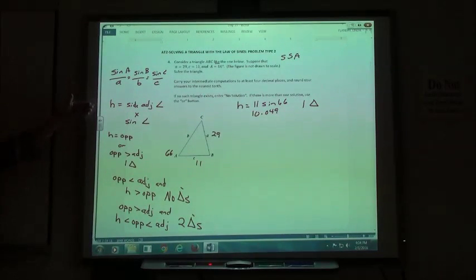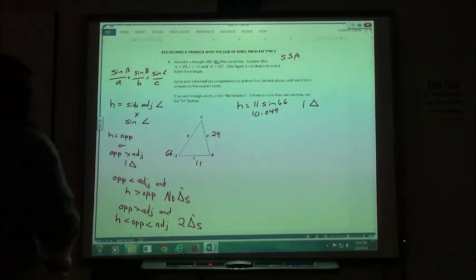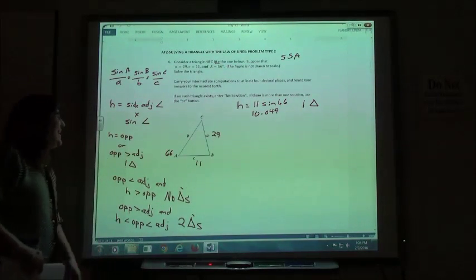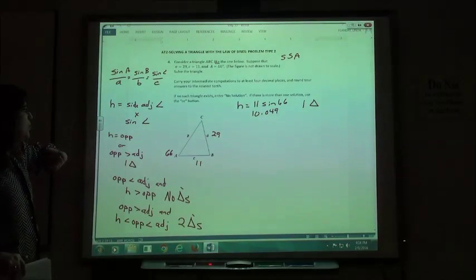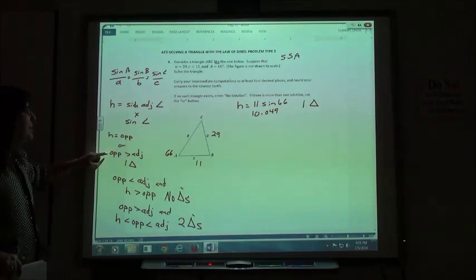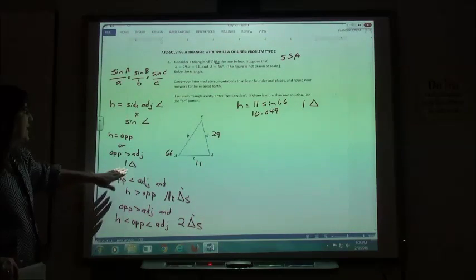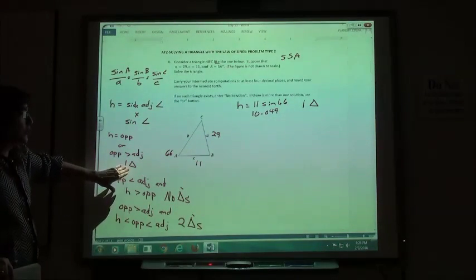So, take a minute, jot down those notes, because you're going to need to find out how many triangles you're going to have. 0, 1, or 2 are your only choices. So in this case, we've already figured it out. H was not equal to the opposite side, but the opposite side is greater than the adjacent side. We're going to have only one set of answers.